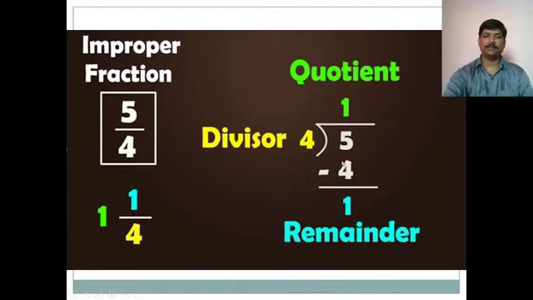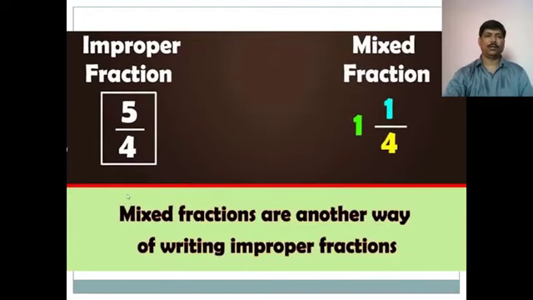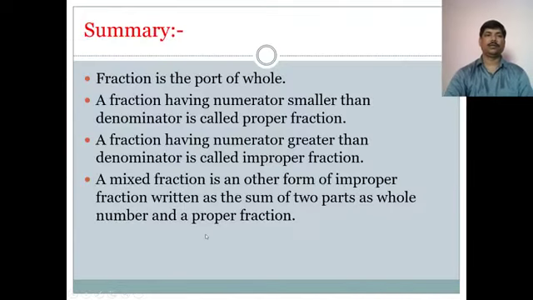So this represents one whole part, remaining 1, total parts 4. So one whole 1 by 4. This form is the improper fraction form and this form is the mixed fraction form. Mixed fractions are another way of writing an improper fraction, as I already told you.